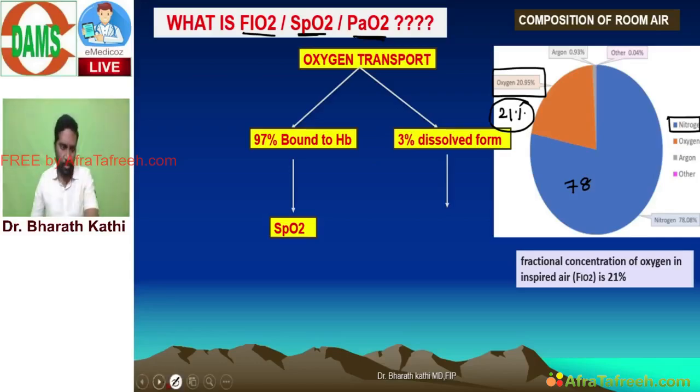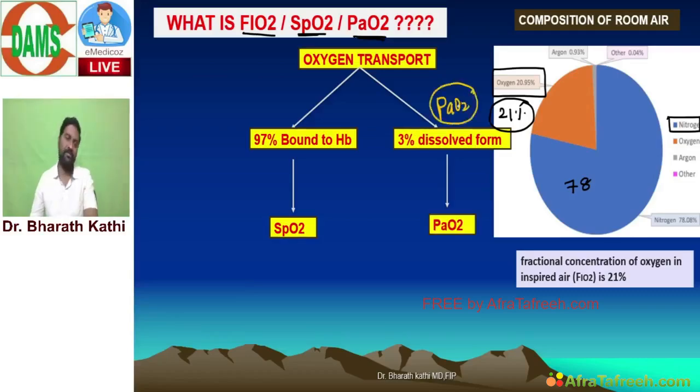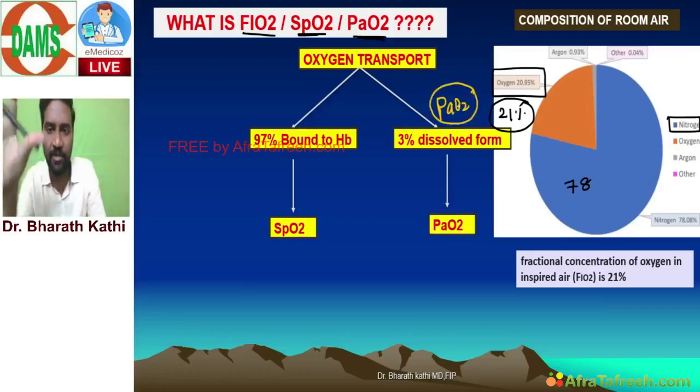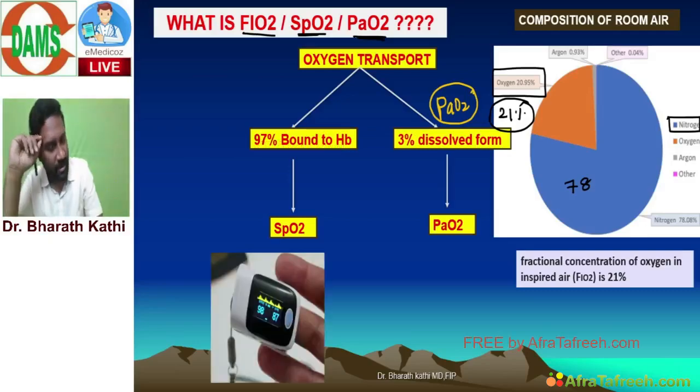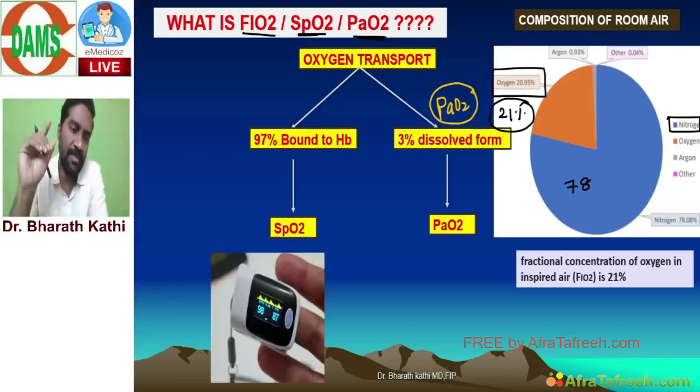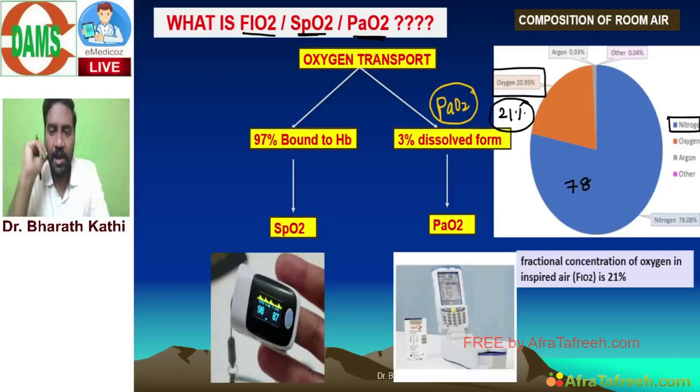For PaO2 to happen, the prerequisite is it has to be dissolved. PaO2 is the dissolved form of oxygen in the blood. SpO2 is the amount bound to hemoglobin. How is SpO2 known? With the help of a pulse oximeter. How is PaO2 accurately known? With the help of an arterial blood gas.